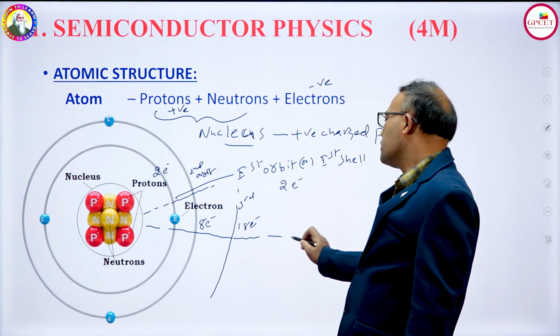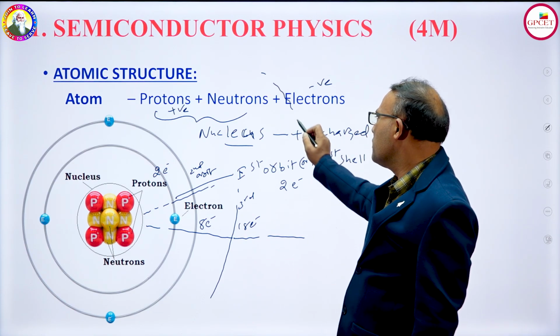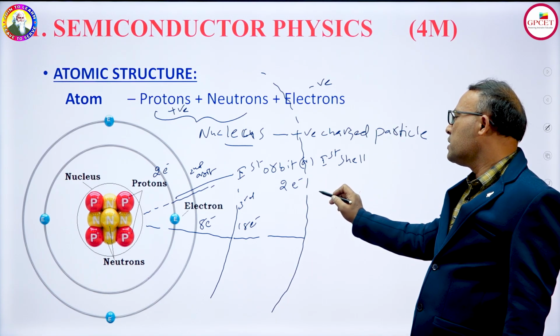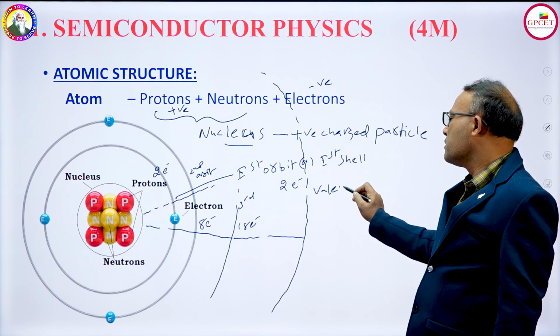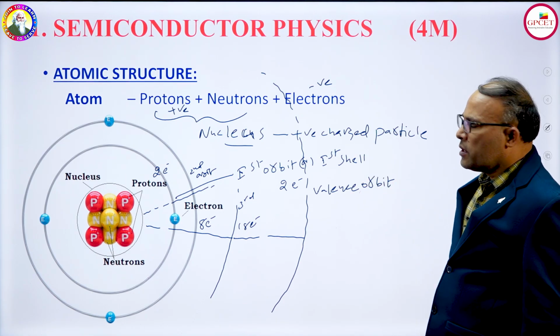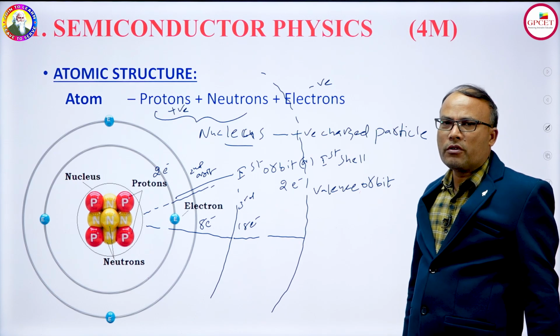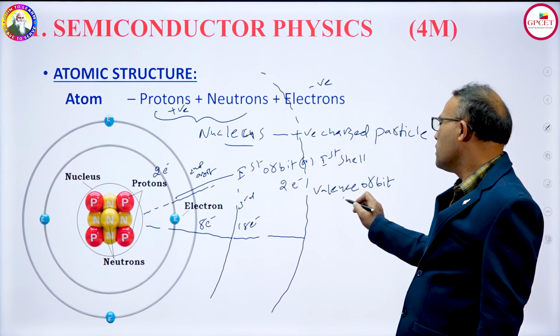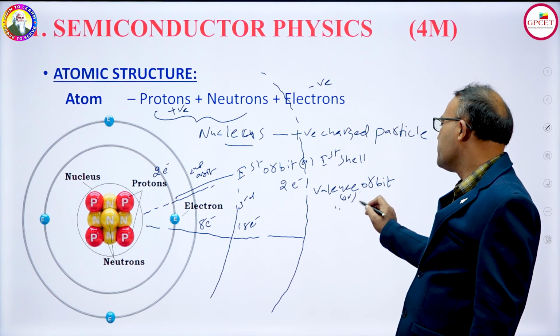As you go like this, you have a last shell, which is called the valency shell, or valency orbit, because valency electrons revolve around the nucleus at the outermost orbit.